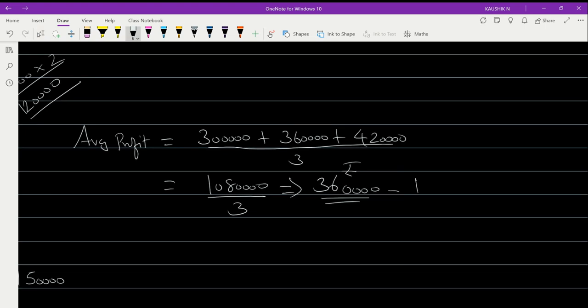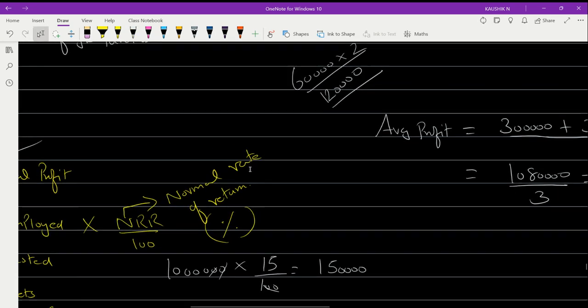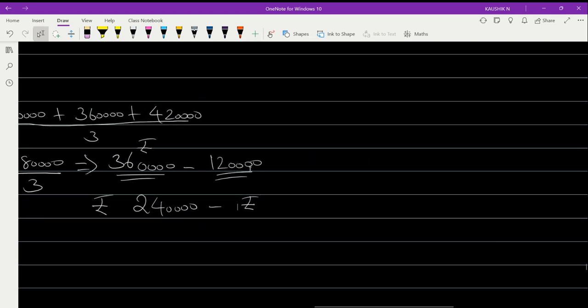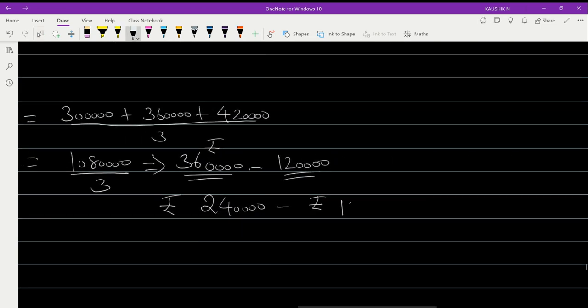When I do this, I'll be getting 2,40,000. So this will be my adjusted average profit. Then if I subtract my normal profit, which is 1,50,000, from this, how much will I get? 90,000.